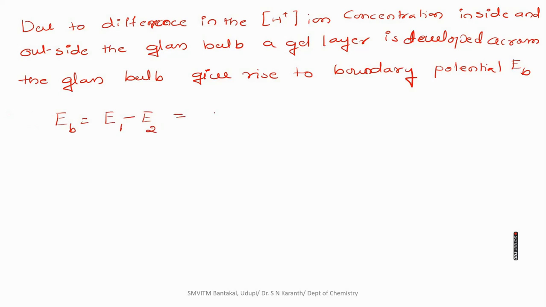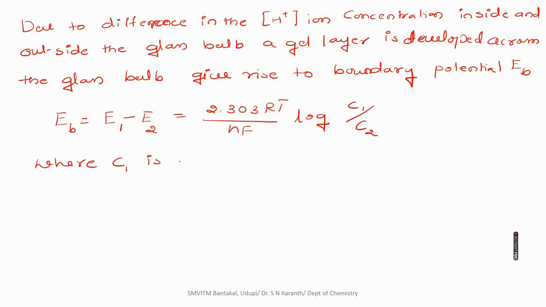E1 minus E2 is equal to the Nernst equation, 2.303 RT/NF log C1/C2, where C1 and C2 are the concentrations. Here there is the development of a concentration cell, because the same electrolyte has different concentrations, so we represent it with the Nernst equation for a concentration cell.